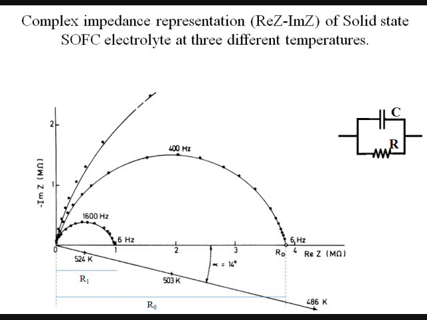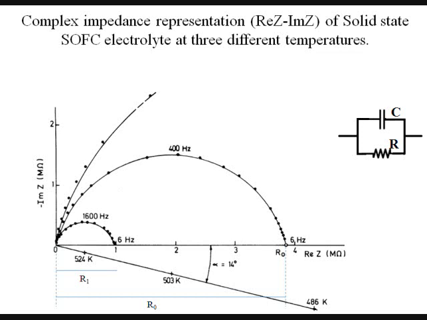Plots at 3 temperatures, 486, 503 and 524 Kelvin, are shown here. The centers are depressed below the real axis by the same angle, theta equal to 14 degrees, owing to surface heterogeneities.